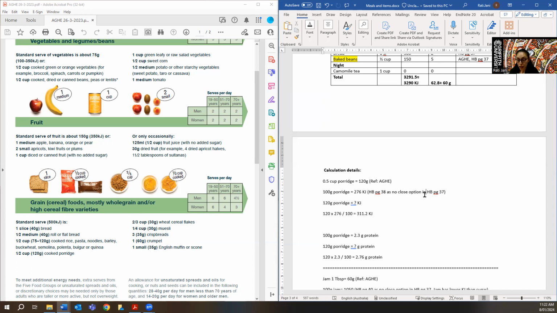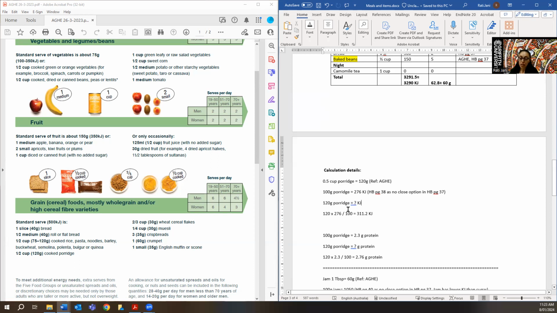All right, so now I have to go to the detailed ready reckoner for porridge. 100 gram of porridge is 276 kilojoules. Where did I get this from? I got this from the detailed ready reckoner per 100 gram or per 100 ml. The patient is having 120 grams of porridge. So how many kilojoules is that?